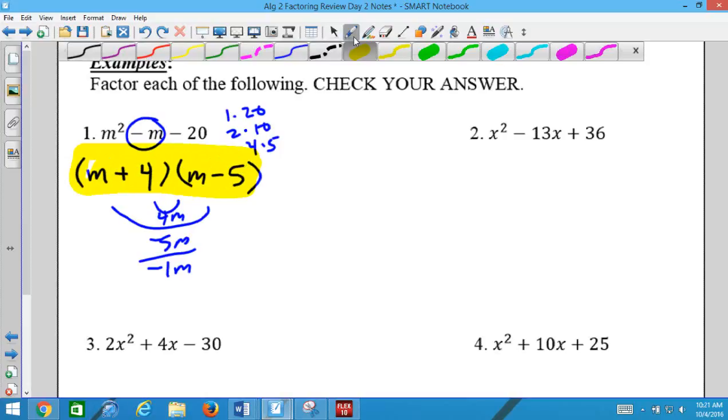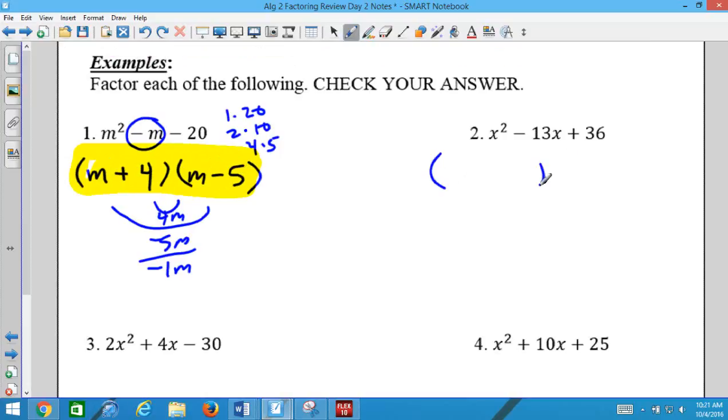Number 2: no GCF, so we start with x and x. I had some people who had questions on this one just because we don't know our factors. We've got to make factors of 36: 1 and 36, 2 and 18, 3 and 12, 4 and 9, 6 and 6.